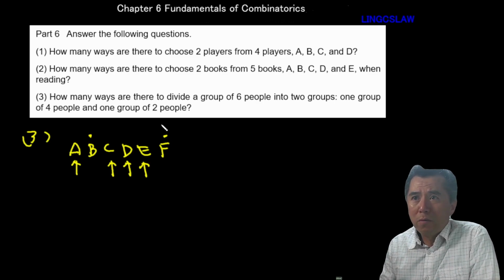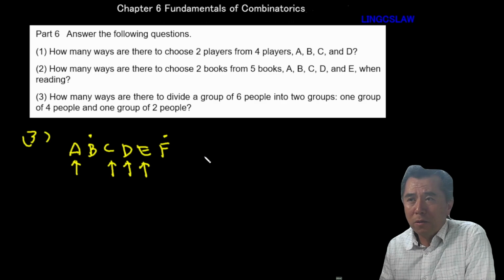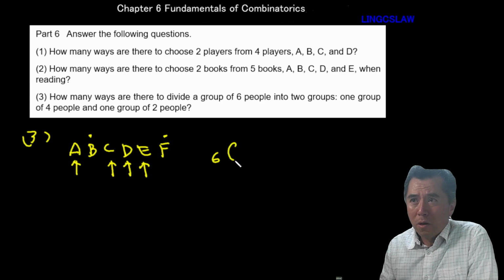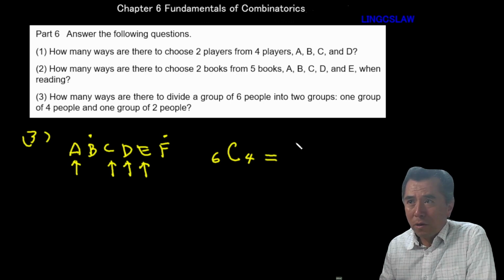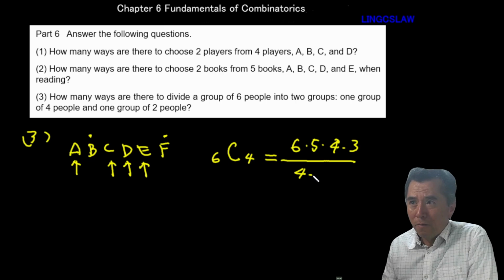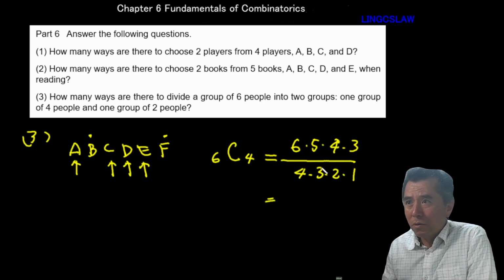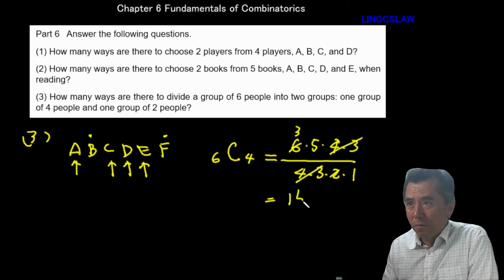So this problem is basically the same as you will choose 4 people out of 6 people, and that is combination. So this is 6, 5, 4, 3 divided by 4, 3, 2, 1 equals 15.